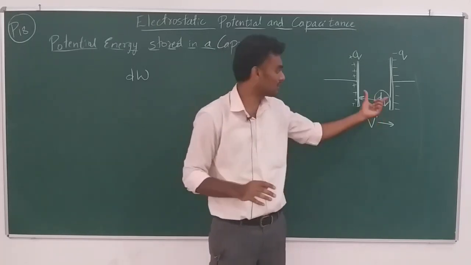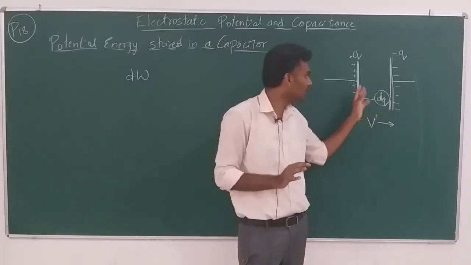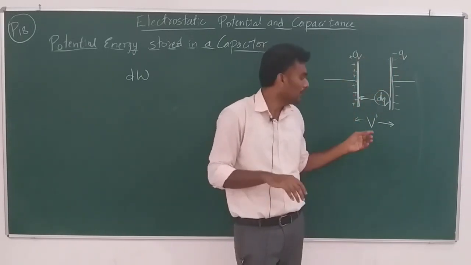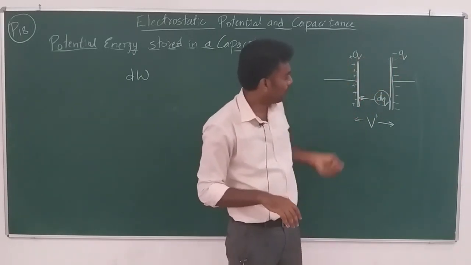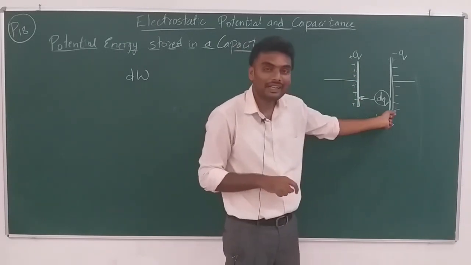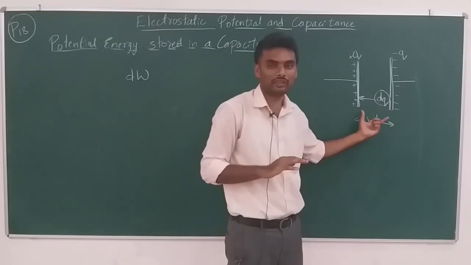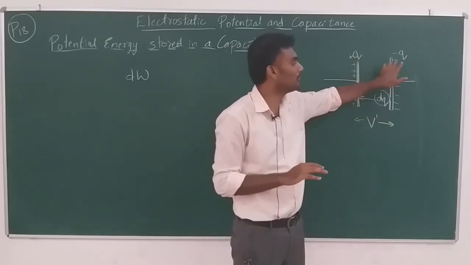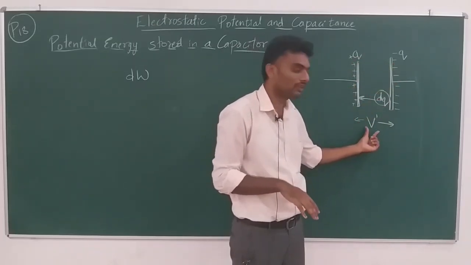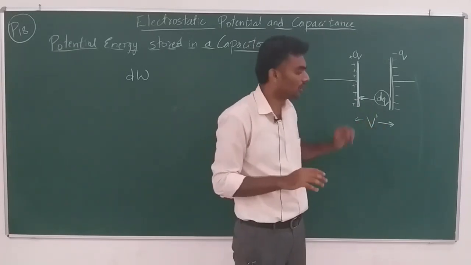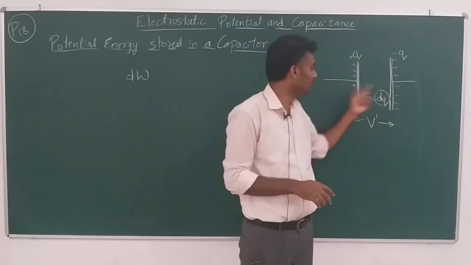When it is charged to plus q, V dash is the potential difference developed between the plates, say 5 nanocoulomb and minus 5 nanocoulomb, and the potential difference developed is 3 volt, somewhat like that. Certain potential difference is developed due to this separation.